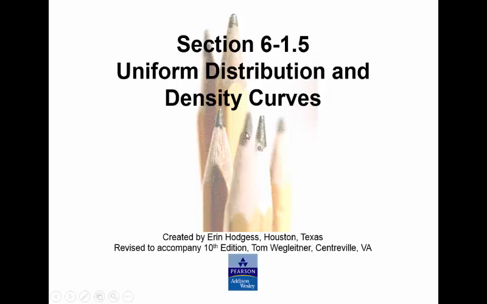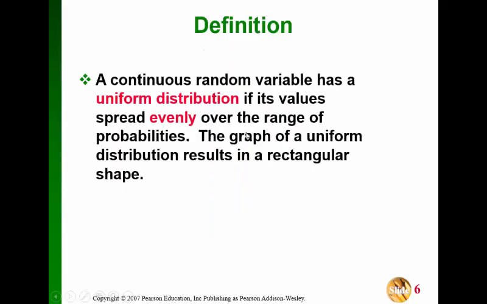The uniform distribution is technically covered in 6.2, but I'm going to call it 6.15 because the title for 6.2 is standard normal distribution. So this is where I changed the slides slightly, and it's not a big deal. So I want to cover the uniform distribution.